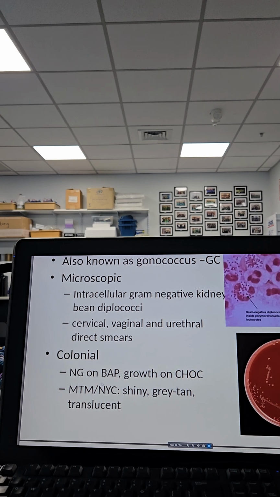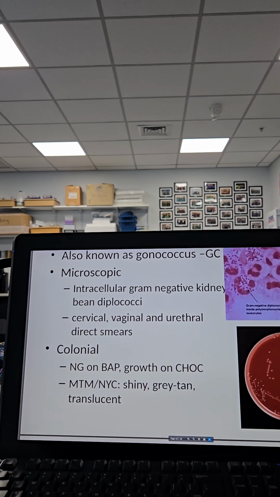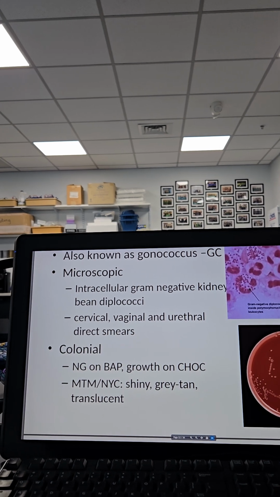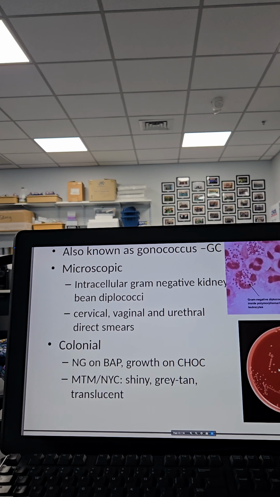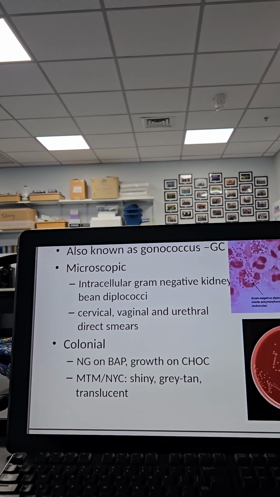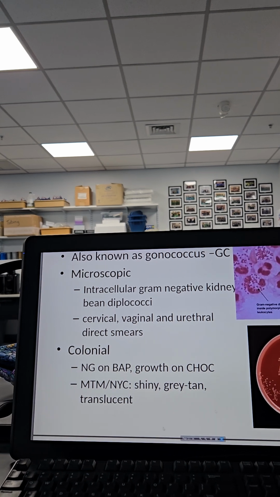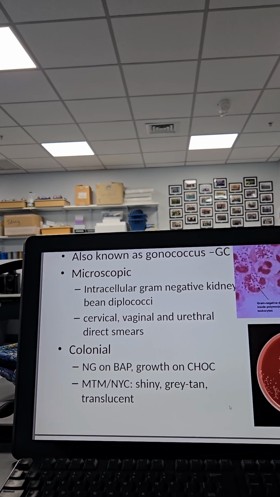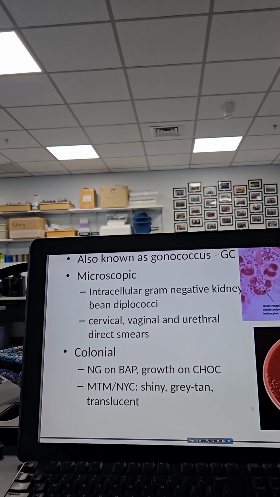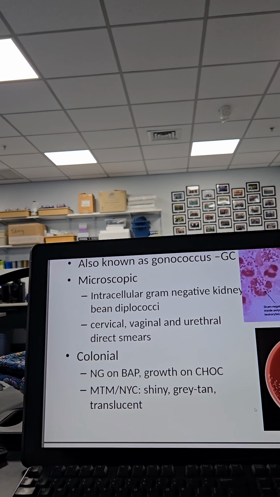Typically you don't see any growth on blood, but you'll see growth on chocolate. And again, look, this kind of looks like that Neisseria meningitidis. That's a 24-hour culture. And then when you get it on Thayer Martin, they look the same.